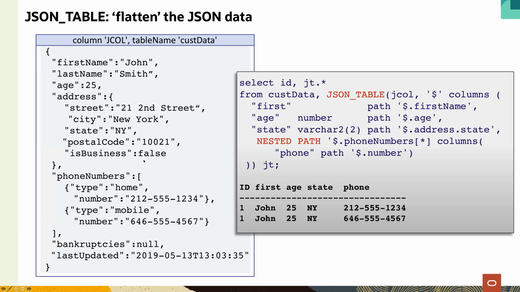And I want to do some SQL analytics over it, or I want to join this with, let's say, a relational table. I basically want to have a relational view over this data. I want to see it as if it was a table. And what we have here is JSON table. It's in the from clause. We call it a row source.